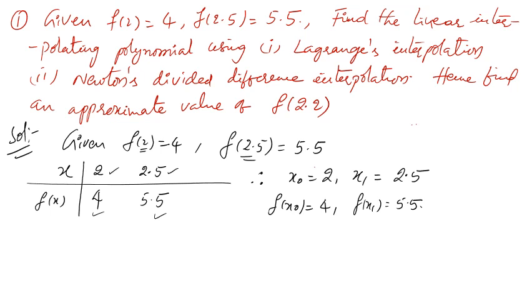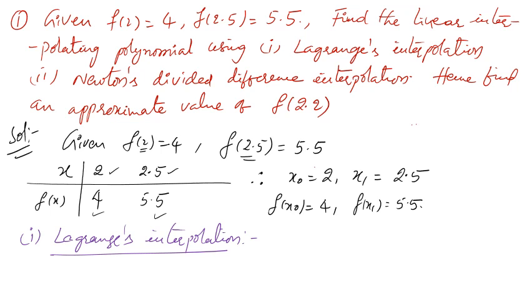Okay, now what is the first question answer? Lagrange's interpolation. What is the formula for the data? Only 2 points are there now, for the data x versus f(x): x0, x1, f(x0) and f(x1).